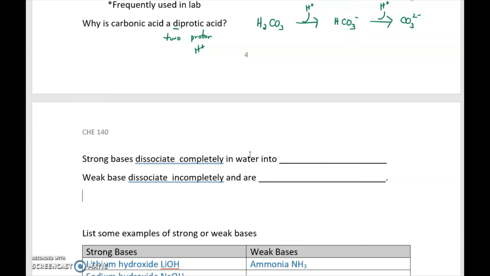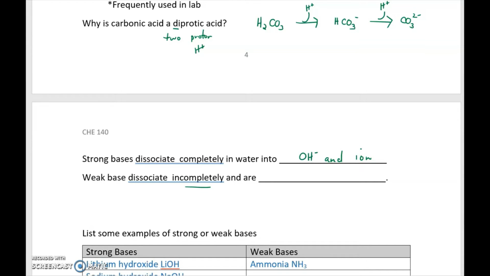So bases. Strong bases also completely dissociate into hydroxide and an ion. And weak bases dissociate incompletely.